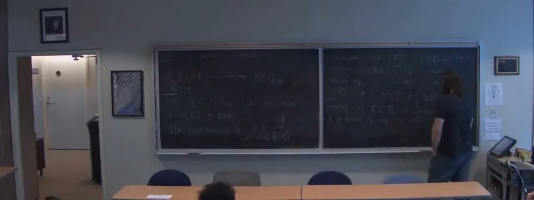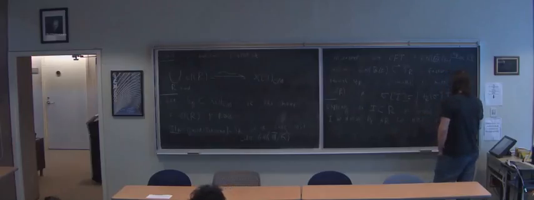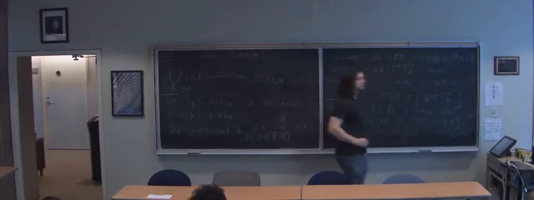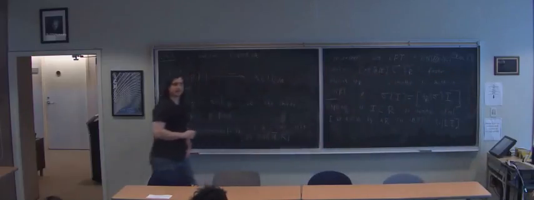Okay, now let A be the norm of I. So in other words, let A be the index of I in R, in the Abelian group.